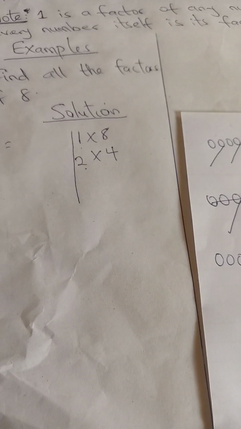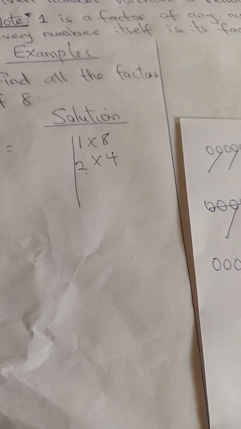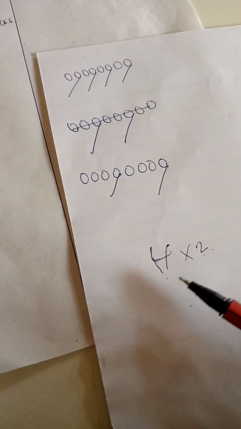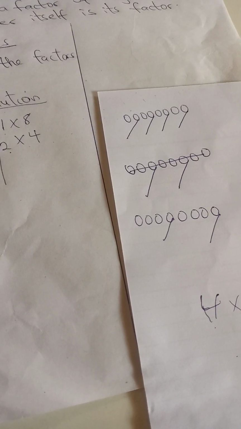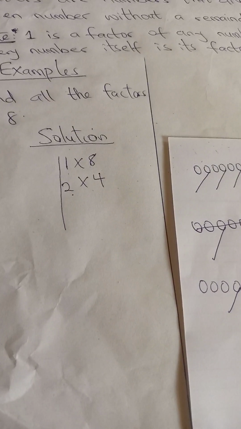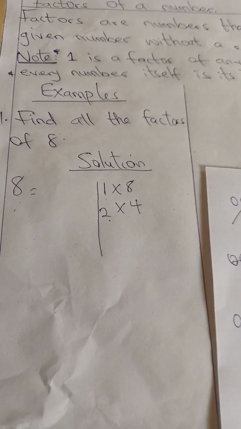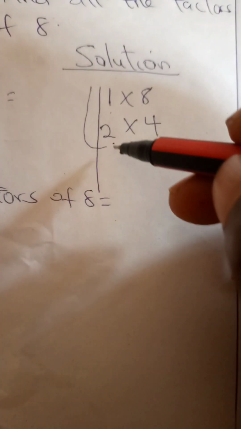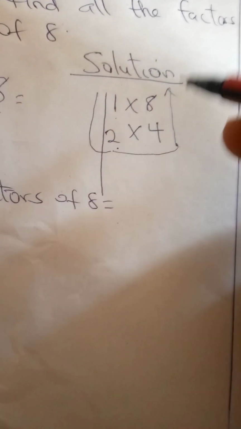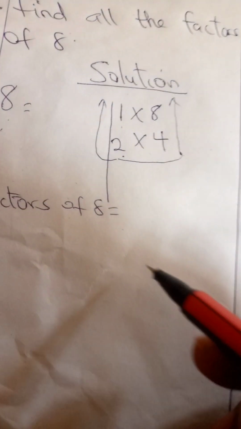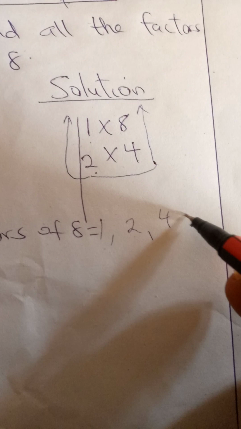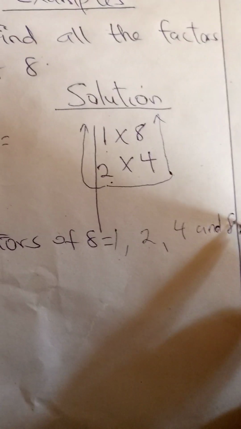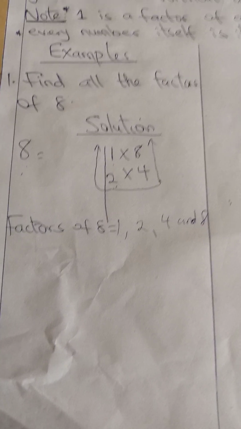You stop when you start repeating the numbers or after you're through exhausting the numbers 1 to 10. That is for one-digit or two-digit numbers. Now the factors of 8 are, I will begin from the top, cross to this side, and take it back here. So the factors are 1, 2, 4, and 8. These are all the factors of 8.